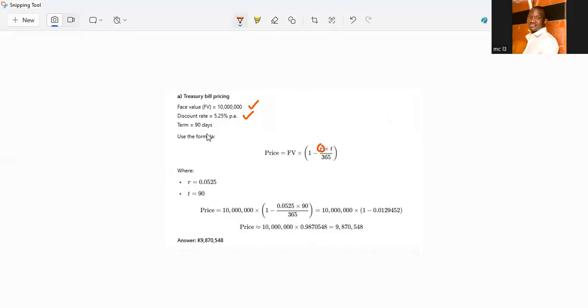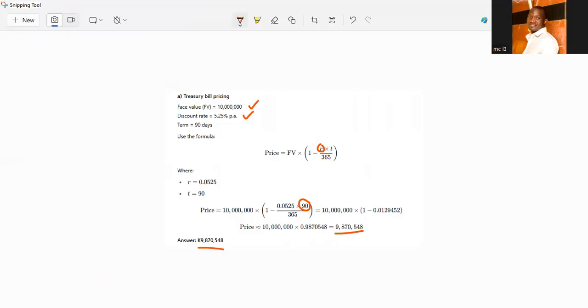And we're given our time, 90 days, which will come here, and 365, the number of days we have in a year. Then the first value was 10 million. So when you calculate this, 1 minus that, it will give you approximately 9.8 million. So this is how we calculate the treasury bill.